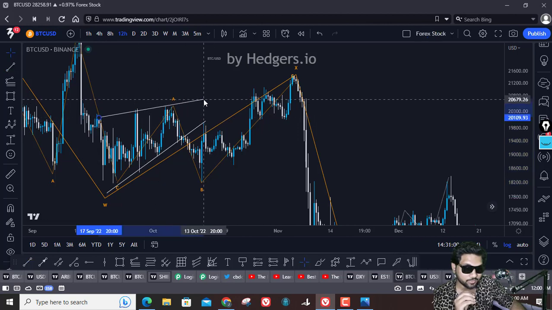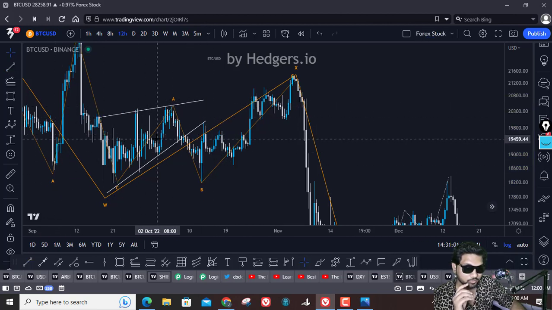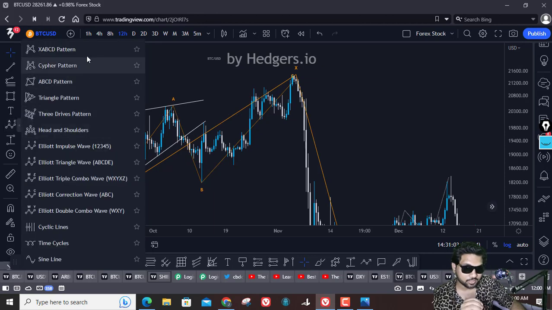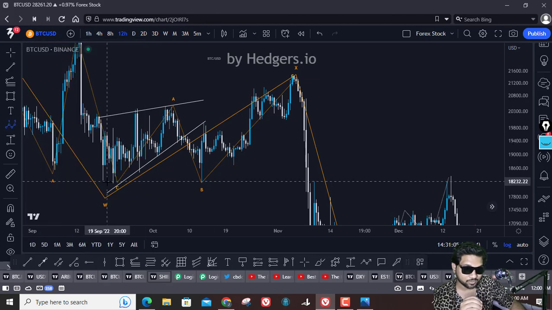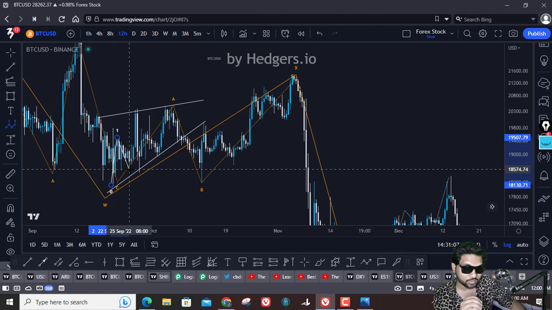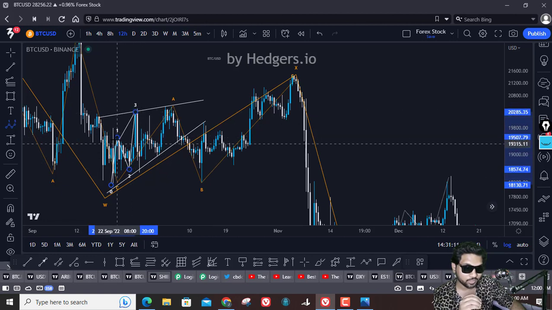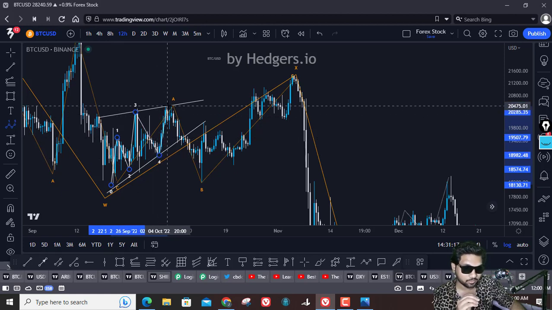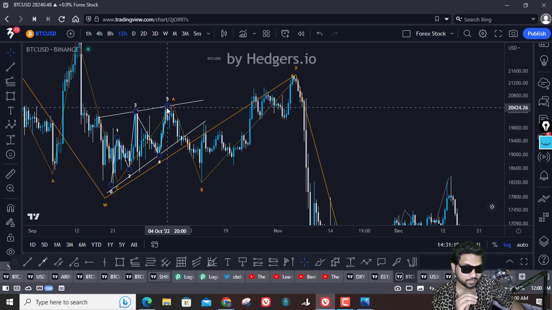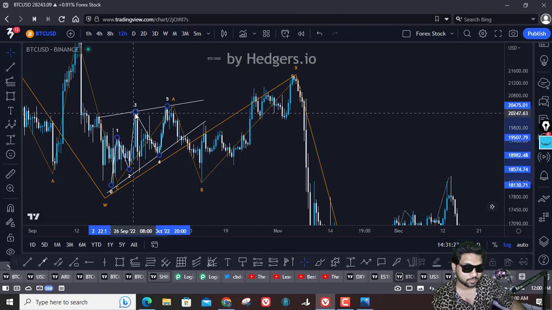If that is the case, then the valid count for this is acceptance of wave 4 into wave 1. Then it is your valid leading diagonal. Okay. And in a leading diagonal, wave 5 can be lower than wave 3 as well.